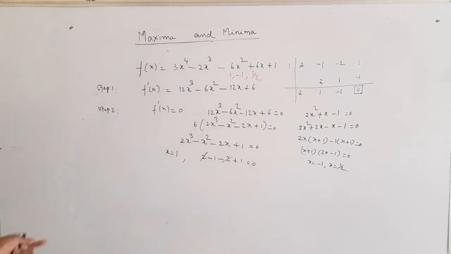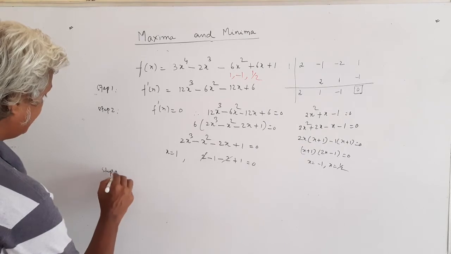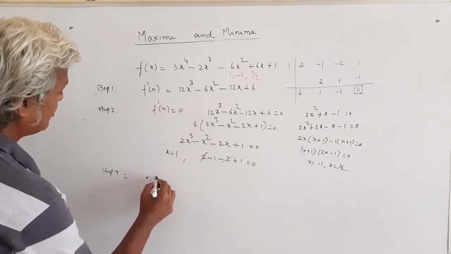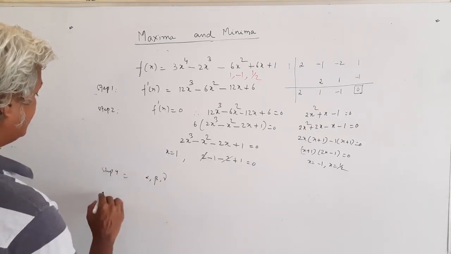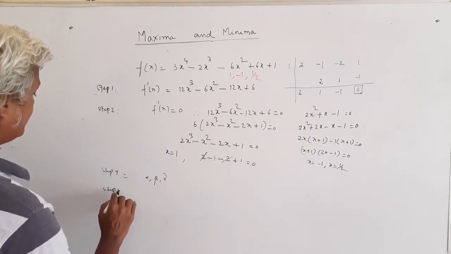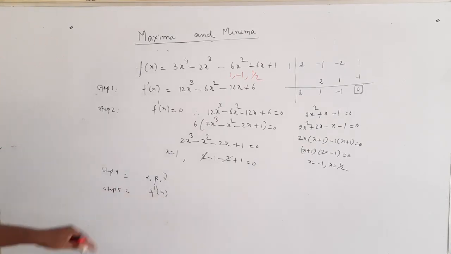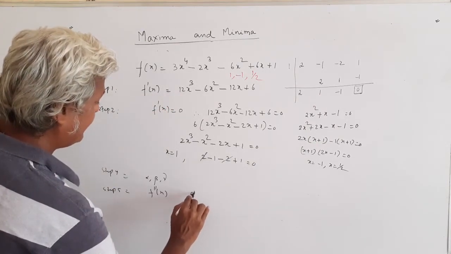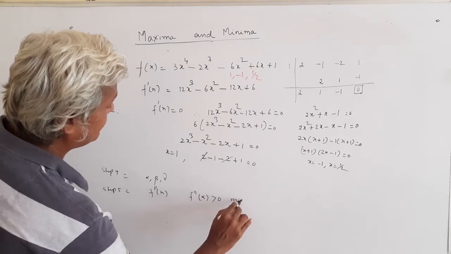Now we have to find, step 4 says that after solving this, you are finding some values, like suppose I call them alpha, beta, gamma. Then step 5, you find f double dash x, meaning the second order derivative. If f double dash alpha is greater than 0, it is minima.